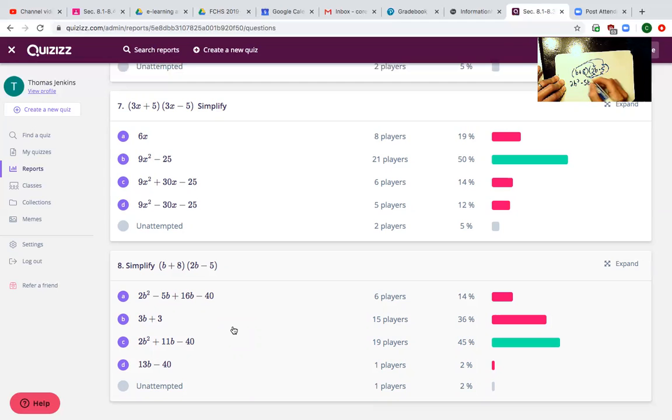Now distribute the 8. 8 times 2b is 16b. And 8 times minus 5 is minus 40. Combine my like terms. Negative 5 plus 16 is plus 11. So final answer, 2b squared plus 11b minus 40, which is answer choice C. So again, the key here is this is multiplication, and also you have to know how to do it.